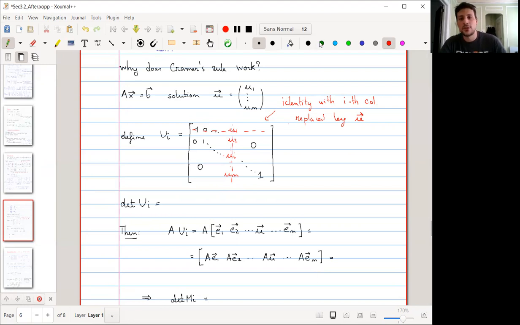So what's left, maybe I'll draw it in green, is this matrix here, which, if you pay attention to what the entries are doing, has the first column, which are just zeros. And then in the second, there's a 1, and then there's a bunch of zeros up until the end.